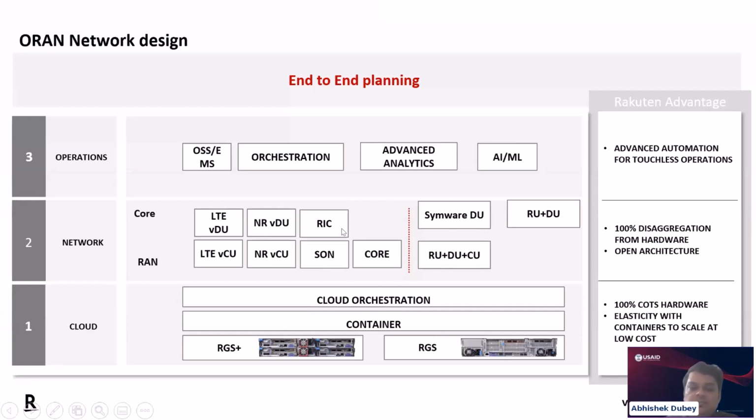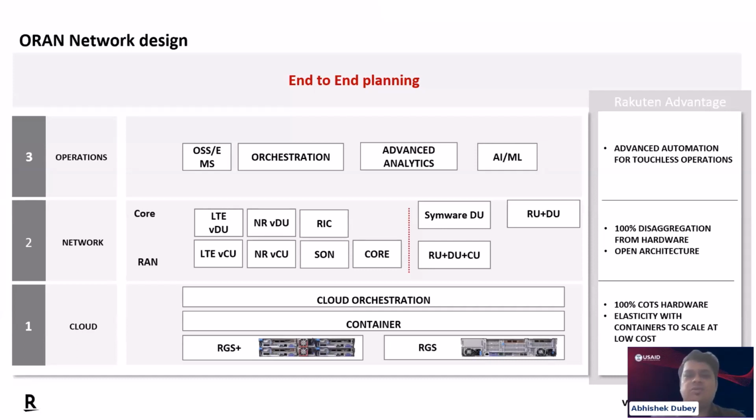Now, the third layer is that you have to manage those network workloads, right? Because you deployed your things, and if you're not managing them, then it is a waste. Managing those workloads is done through our SimWorld. For Rakuten we have SimWorld, which is a kind of OSS.